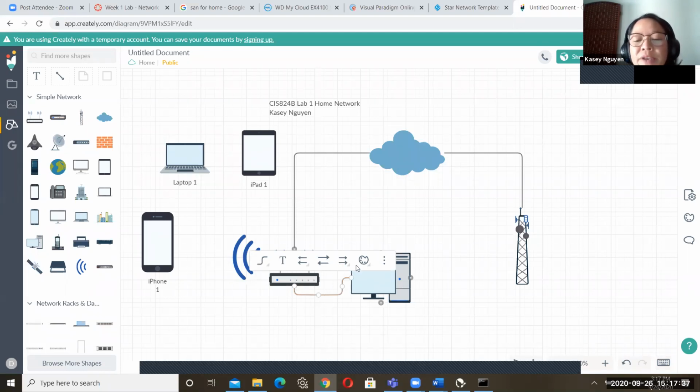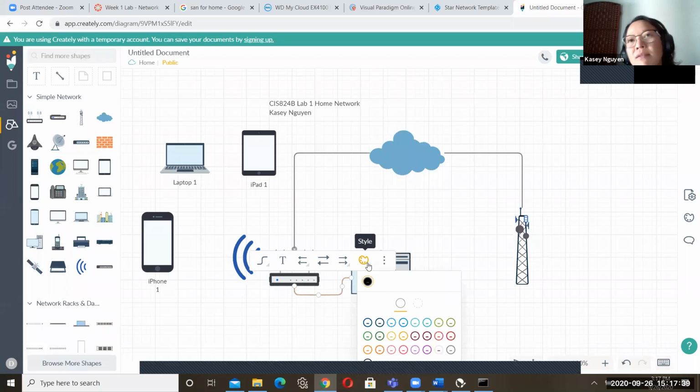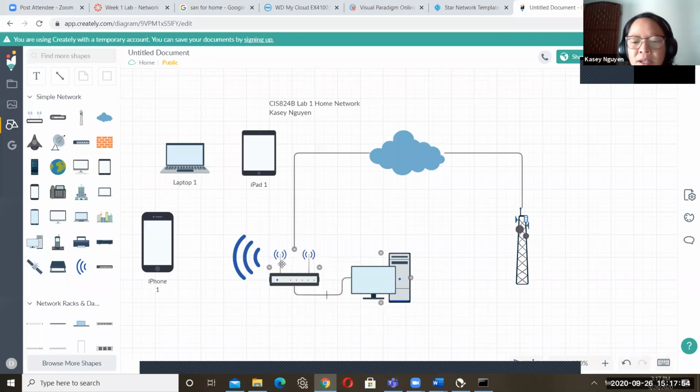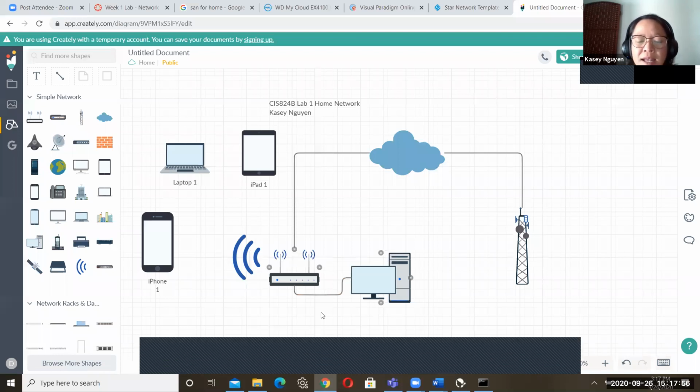Now, if you want, you can add colors to it. Sometimes that helps. With the more advanced network diagrams, sometimes we use color to represent different segments and how we wire it. But at this stage, we don't have to. So we can just say that this is PC 1.